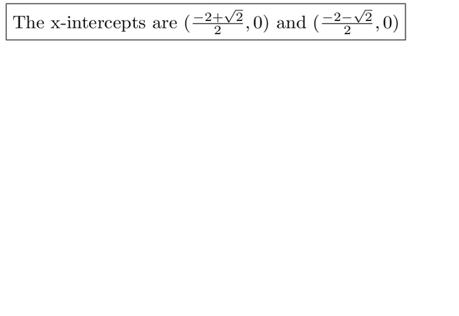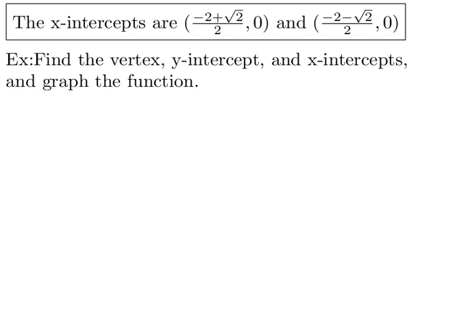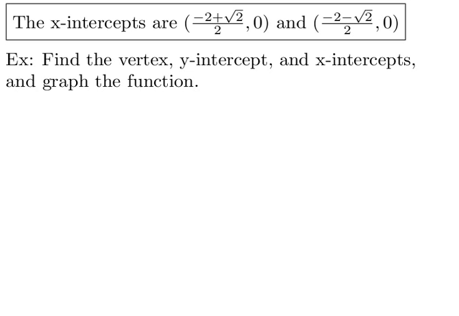So, example: find just the same type of problem. Find the vertex, find the y-intercept, find the x-intercepts, and graph the function. And our function is going to be f of x equals negative 2x squared plus 3x minus 2.